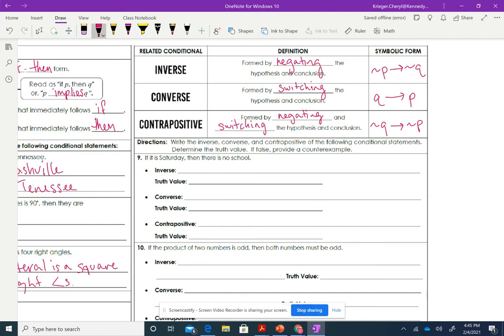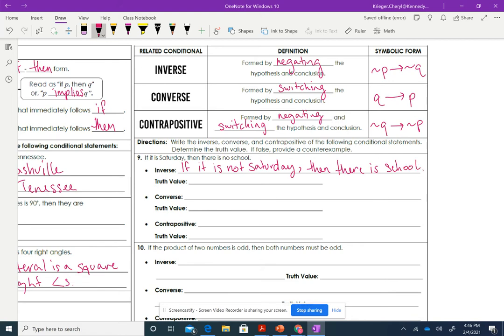So the inverse: if it is not Saturday, then there is school, because the negation of no school is there is school.